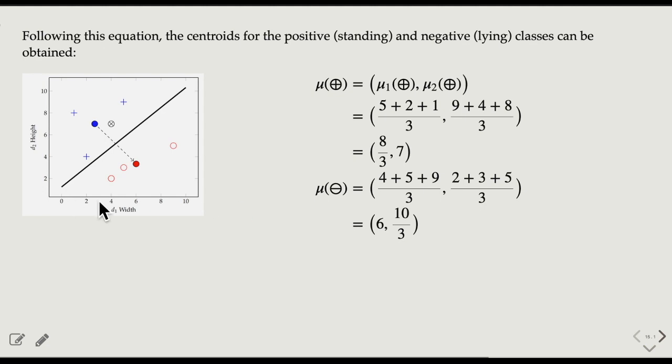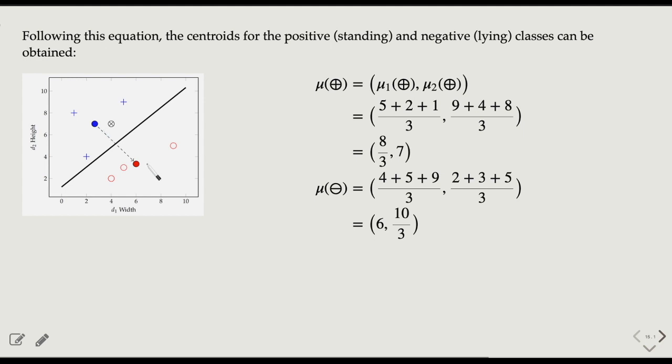Okay, so what you do is basically look at the x dimension, which is the width variable, and compute the average, the mean of the 3 values on the x. And then you also compute the average, the mean of the 3 values on the y dimension. And you get the center of these 3 data points.